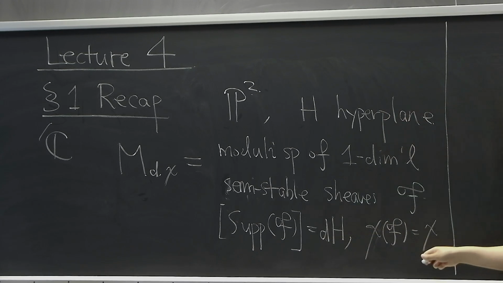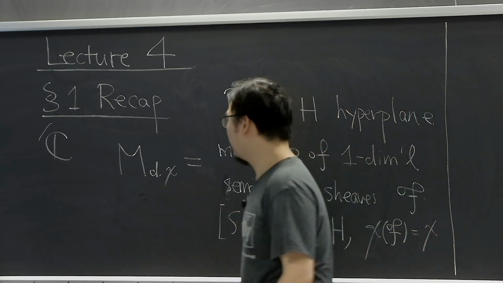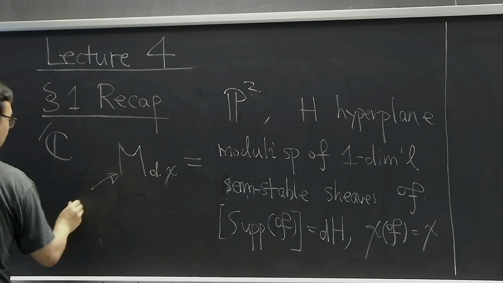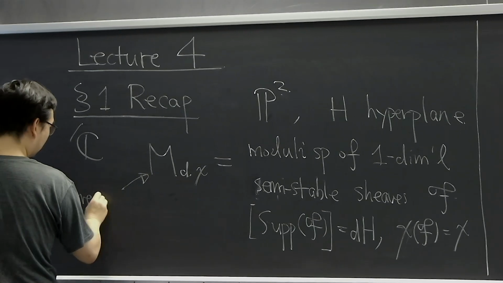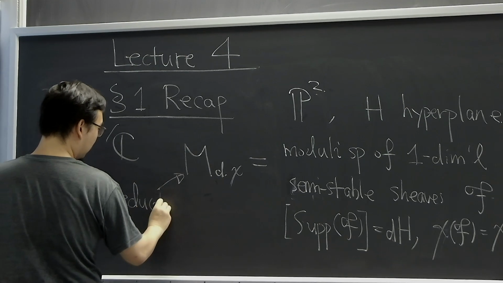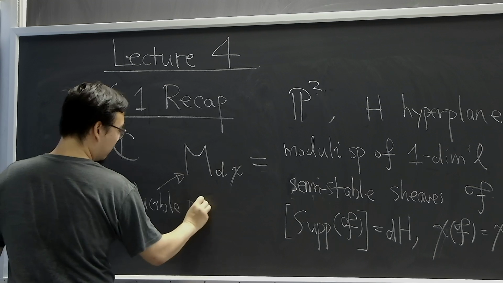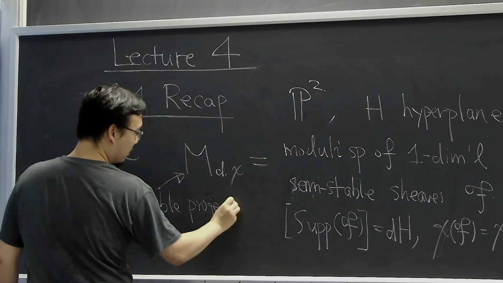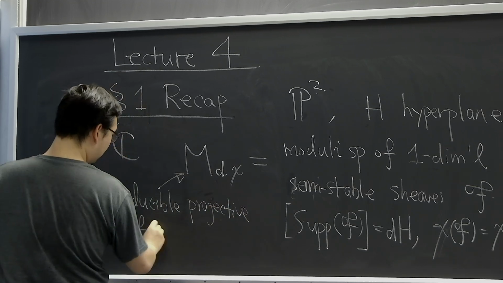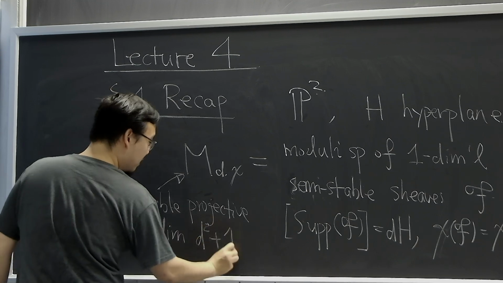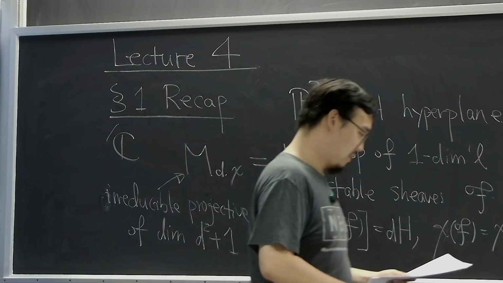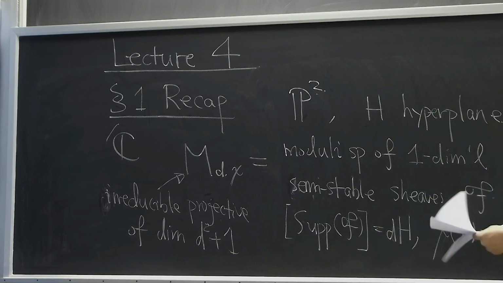When you fix d and chi, you get a moduli space. This is irreducible, projective, of dimension d squared plus 1. So the dimension is actually quite large in view of the degree.